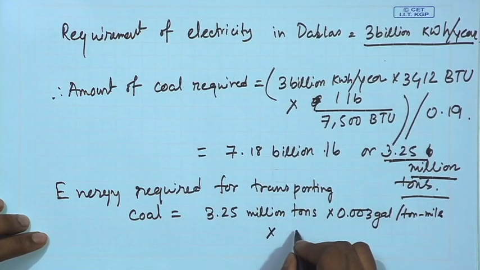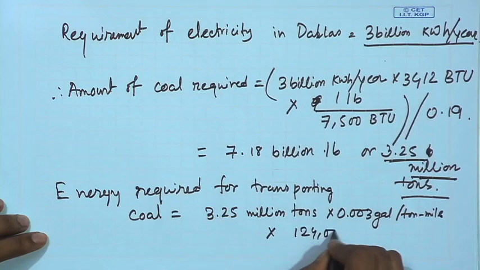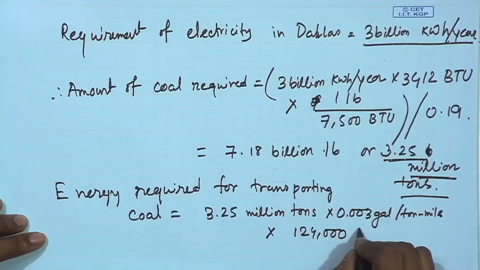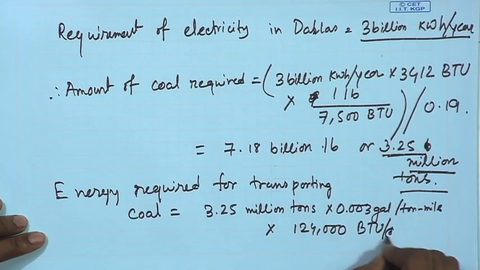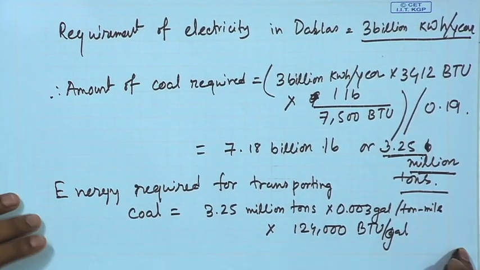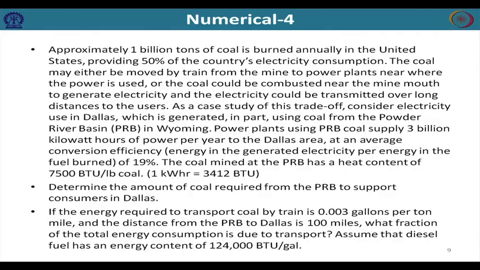So we have to multiply this by 124,000 BTU per gallon, because this is the energy requirement. Assume that diesel fuel has this much energy content.